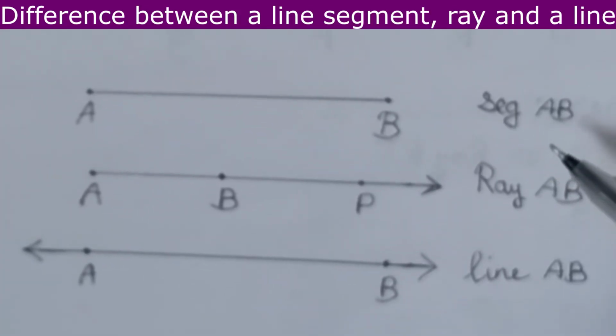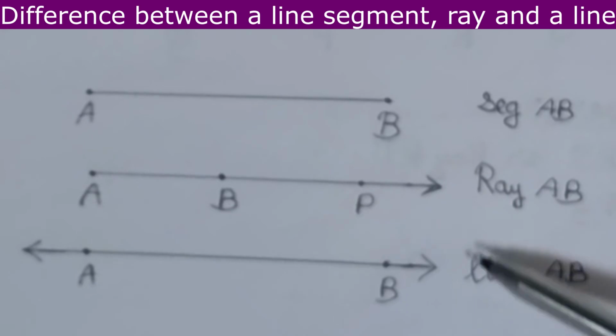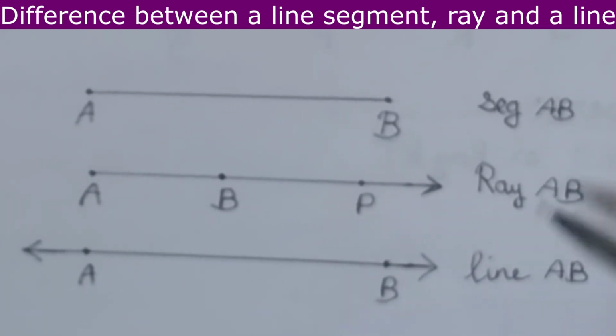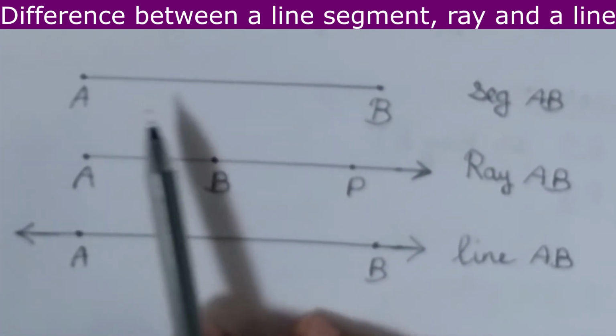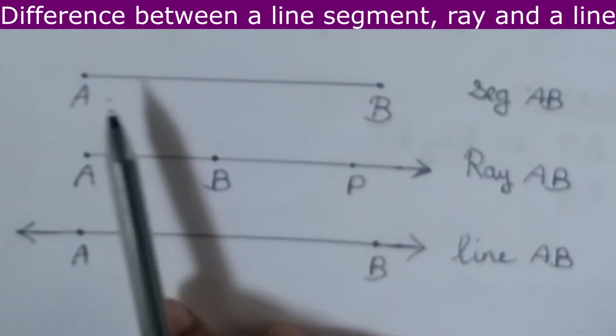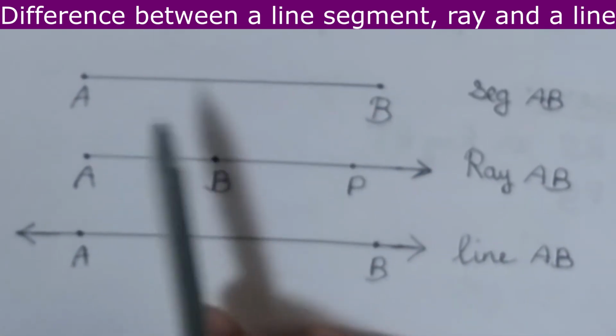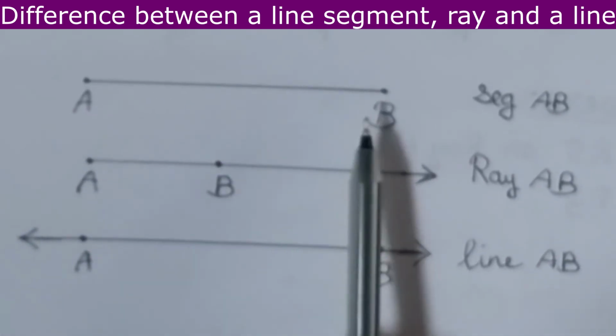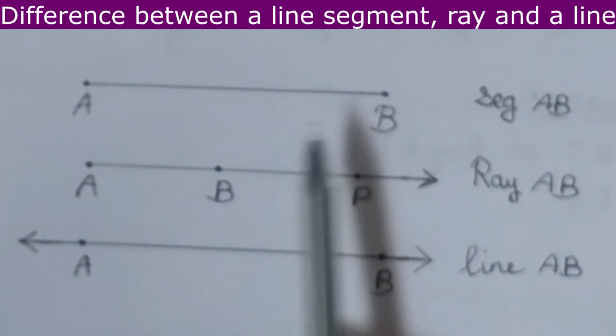Now, as we have seen the meaning of a line segment, ray and a line, we will see what is the difference between these three. Okay. First, line segment AB, that is segment AB. Segment AB means it will have endpoints on both sides.